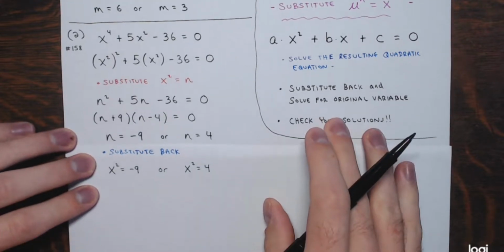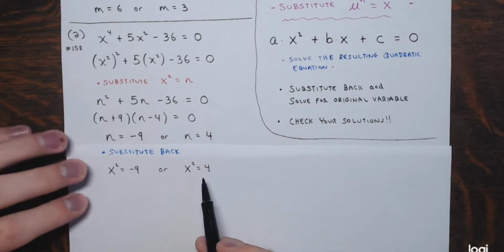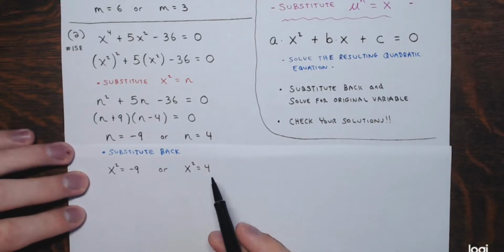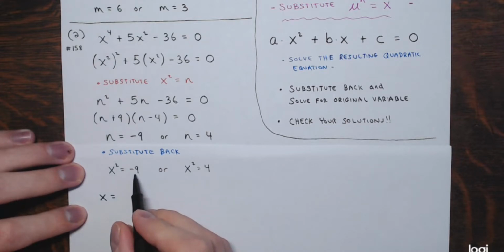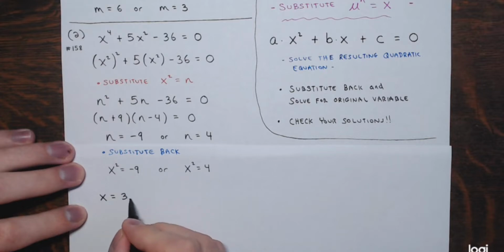And once again, I have a couple equations that I can easily solve. The square root property. First one, x equals positive. Now remember, the square root of negative 9 is imaginary. You're going to rewrite it as the square root of 9 times i, or 3 times i. Right? You're going to have an imaginary unit there.